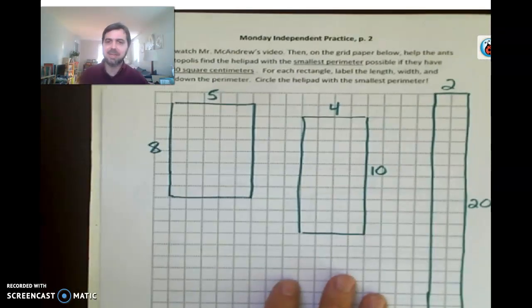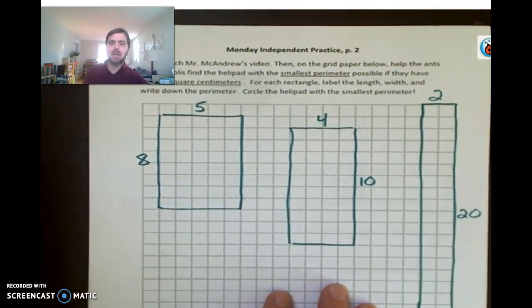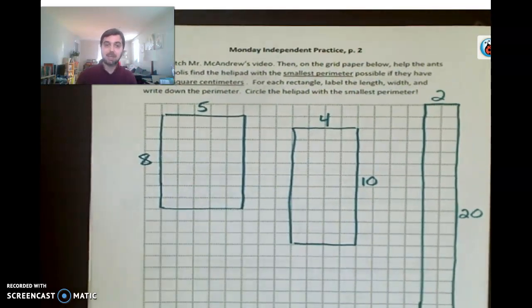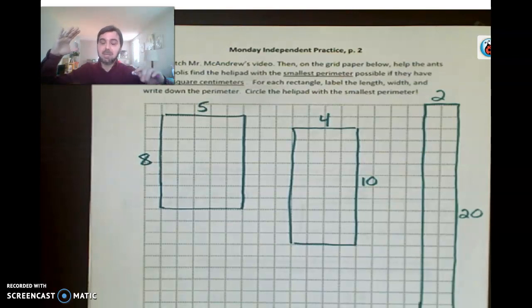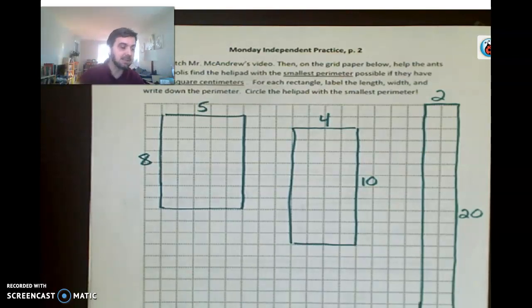This next page, I think I said was optional, but hopefully you did it. This was different because all of the areas had to be 40 square centimeters.